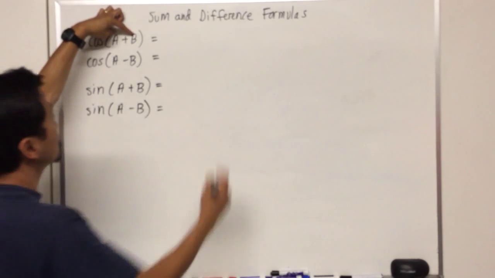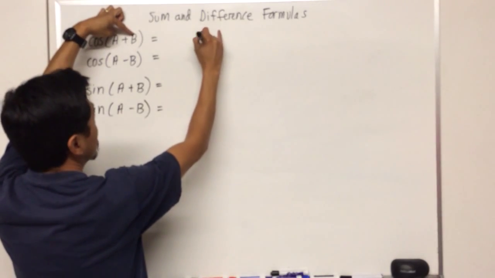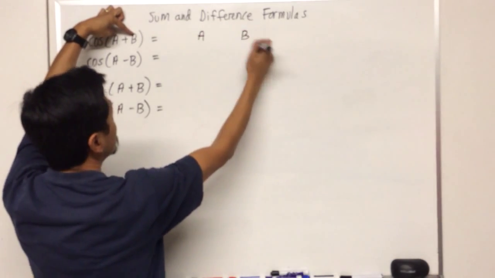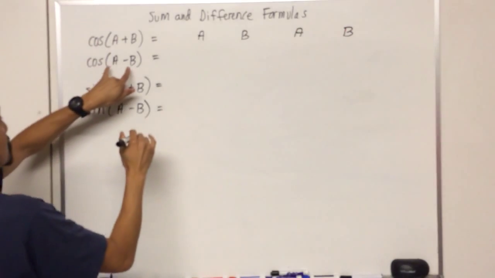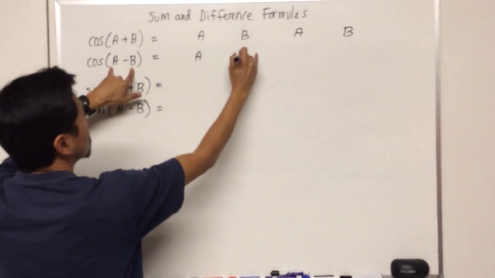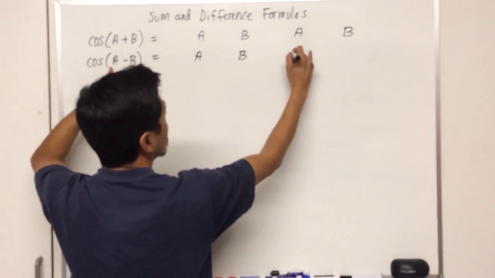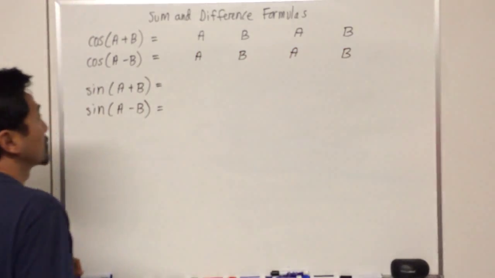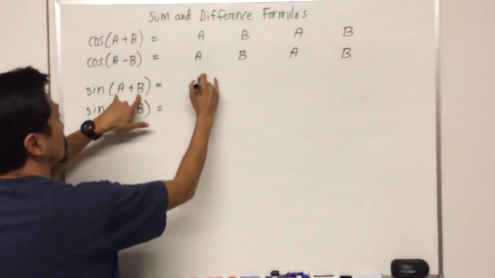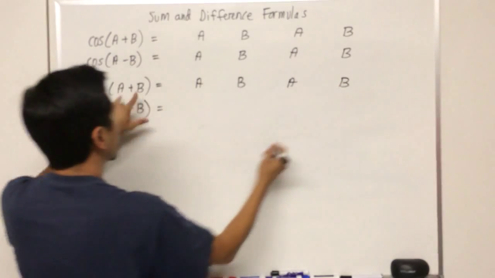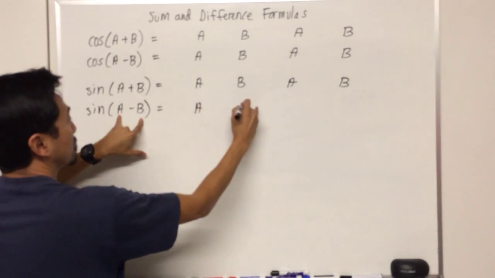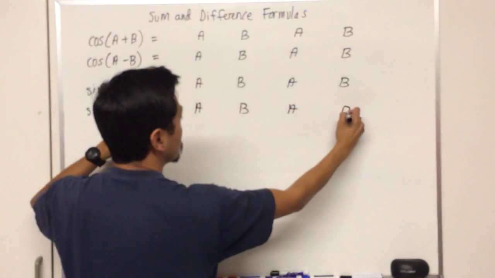Okay, so I've got AB, so that's what I'm going to put down. AB, AB. And then I need another one. AB, AB. Same for the sines: A, B, A, B.